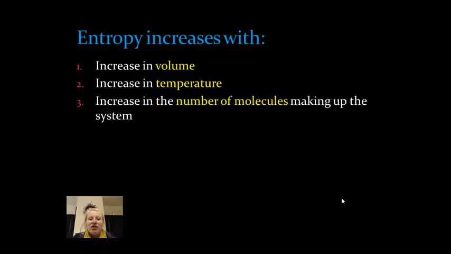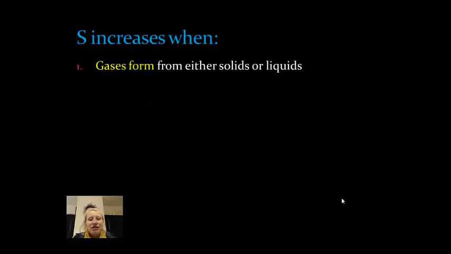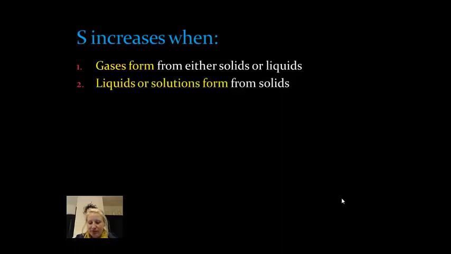And you can also increase the number of molecules that make up the system. If you add more molecules, you are going to increase the randomness, so entropy will increase. Entropy will increase therefore when gases form from solids or liquids, because gases are more random, they move faster, and they can spread apart.